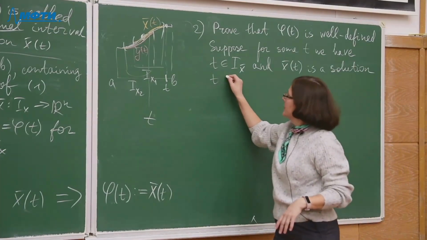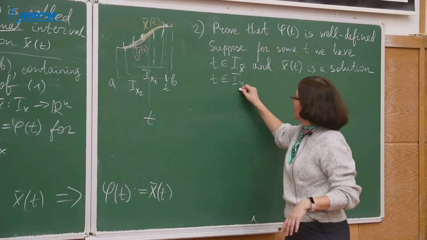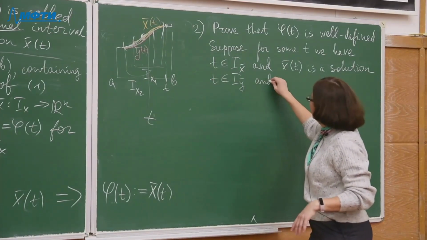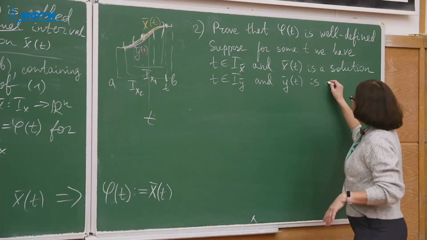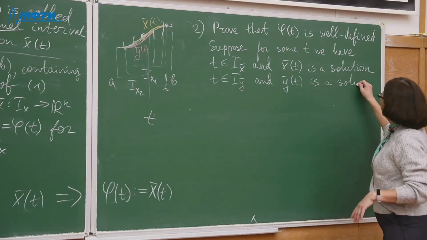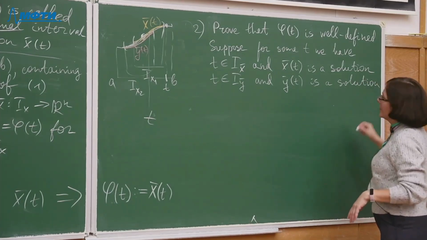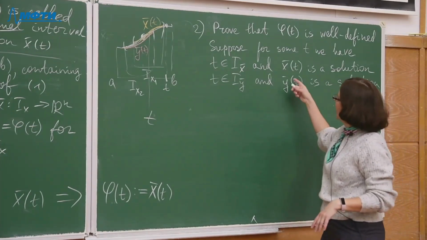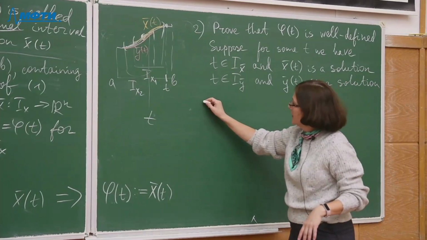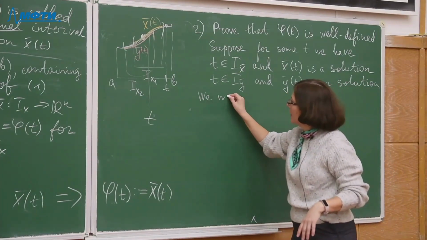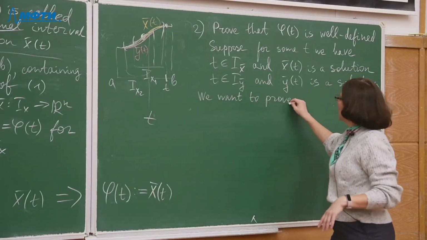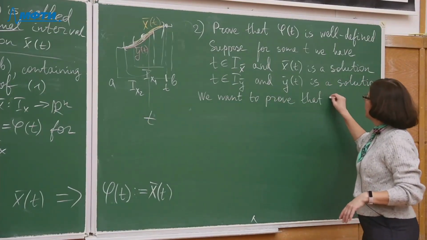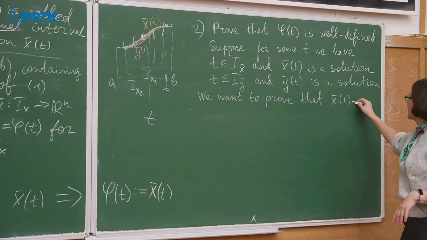And t is in Iy, and y of t is also a solution. And we need to prove that, so we want to prove x of t equals y of t.